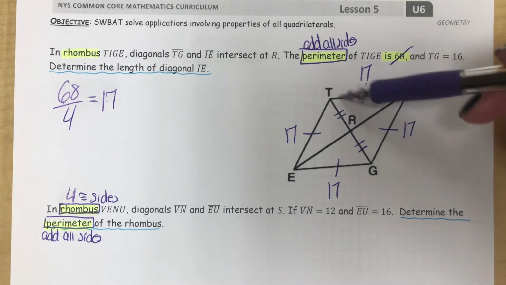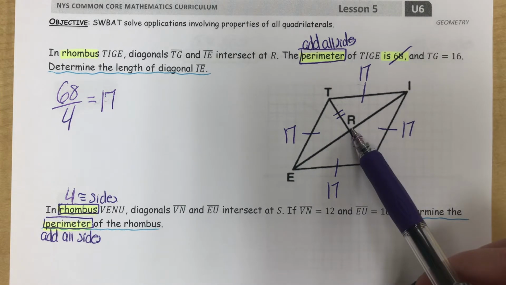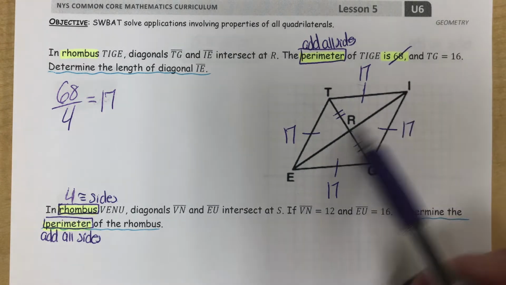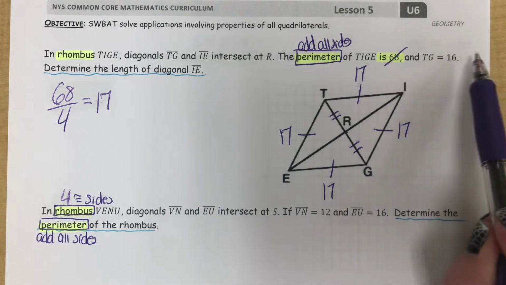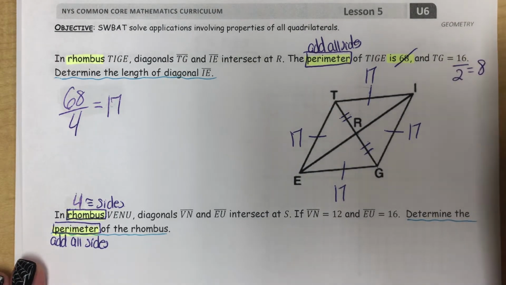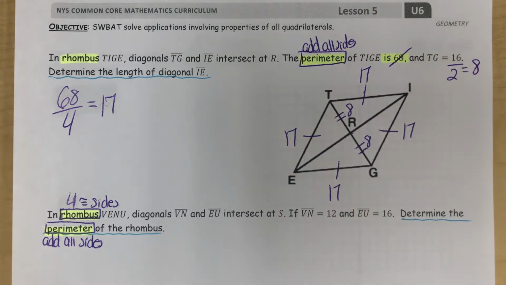So I know that this top piece should equal the bottom piece. I also know that IR will be the same distance as RE, all right? But they didn't give me any information on this diagonal, so I'm just going to leave it alone. All right, so again, if I know that TG is 16, that means if I divide it by 2, each piece is going to be 8. So I'm going to mark an 8 at the top and an 8 at the bottom here.